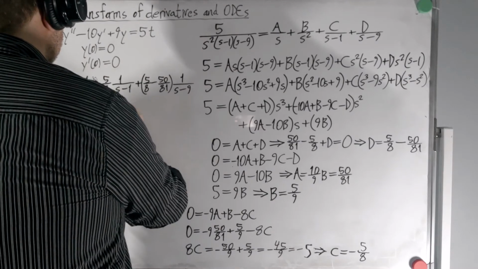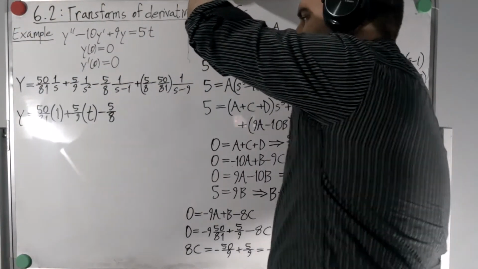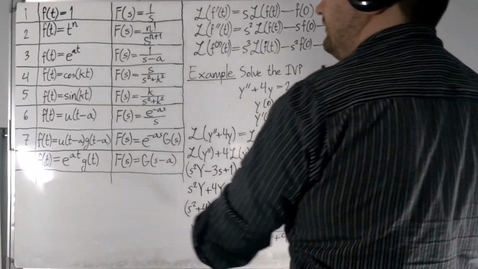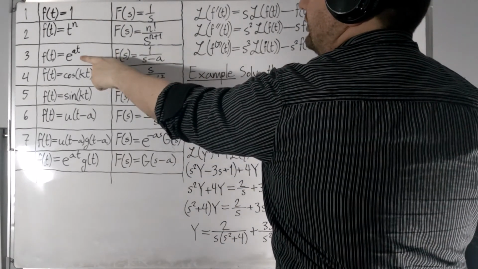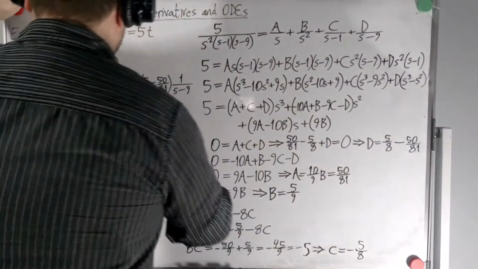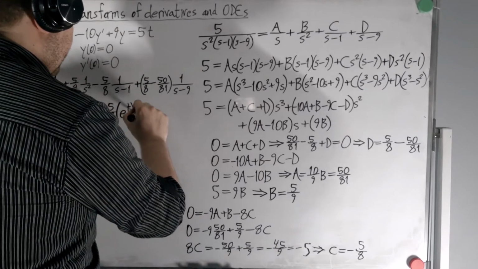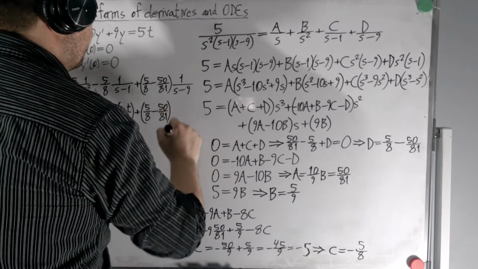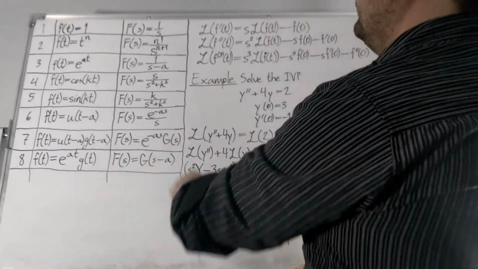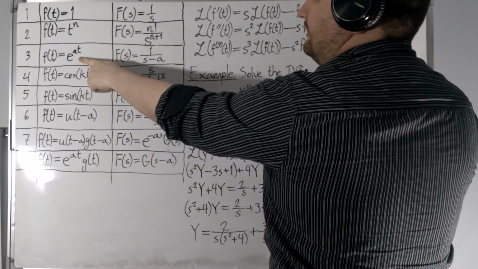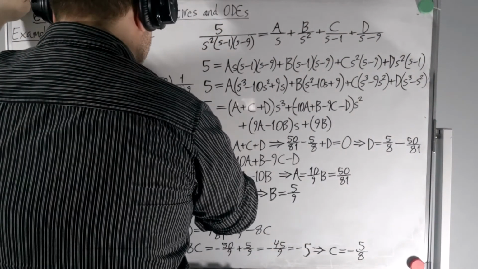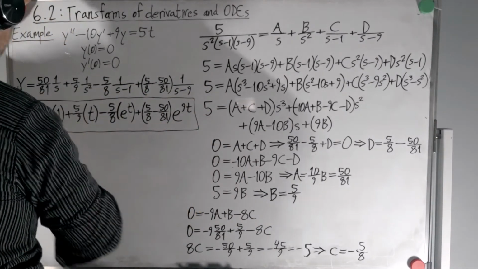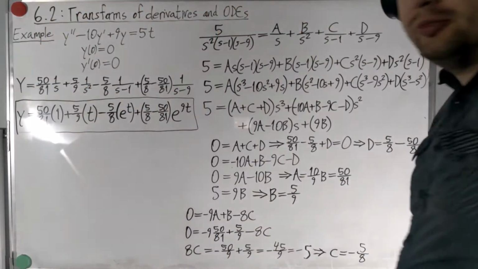Then minus 5/8 times 1 over s minus 1, its inverse Laplace transform is going to be e to the t. And then plus 5/8 minus 50 over 81, whatever that is, times 1 over s minus 9. Inverse Laplace transform is e to the 9t. And that is at least one way of writing our solution to that initial value problem.